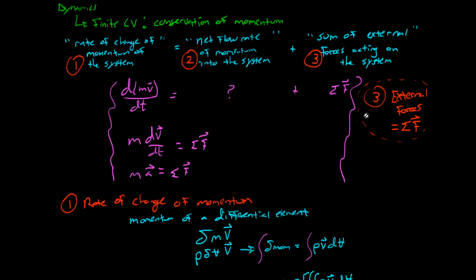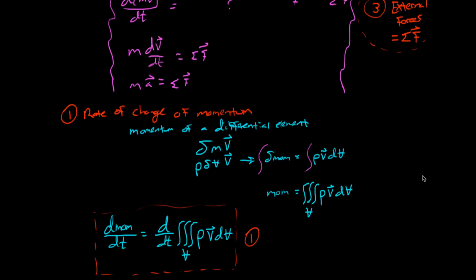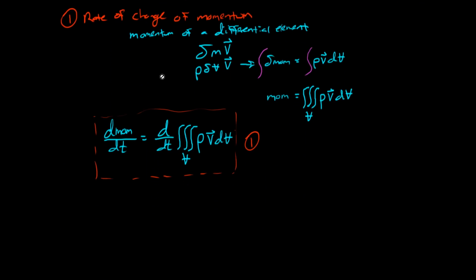Let's start with the first term, the rate of change of momentum. Remember that momentum looks like mv, so if we want it for a differential element, we would write this delta m dv. And just like we've done a few times, the differential mass is really just the density times the differential volume.